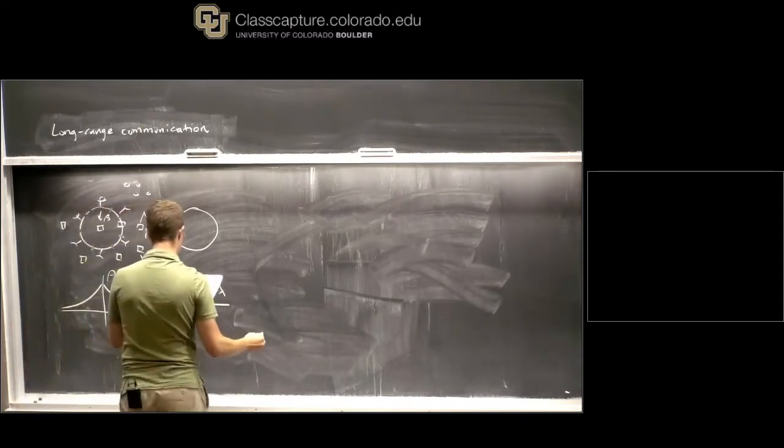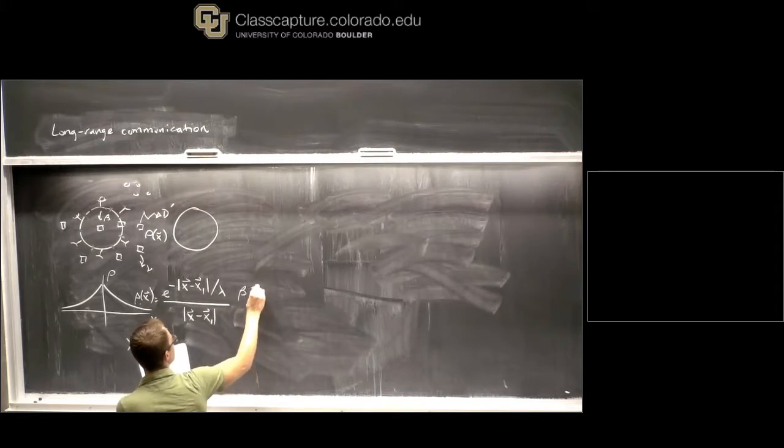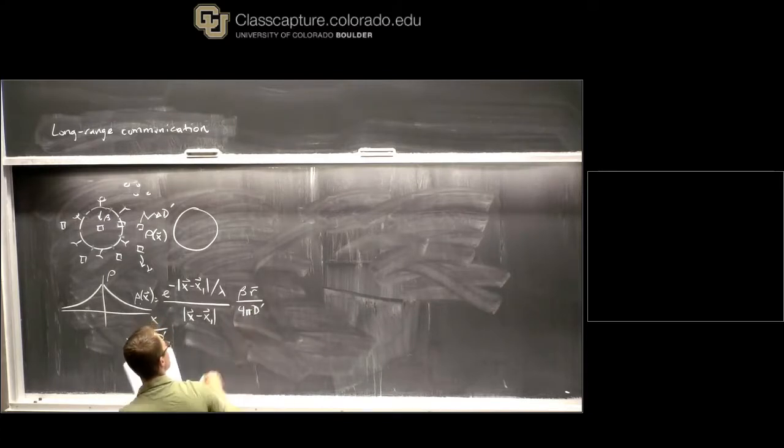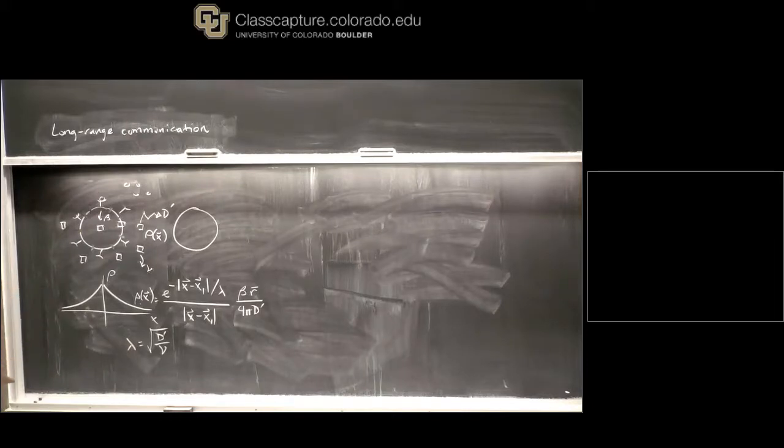And the prefactor is proportional to beta, because the more you secrete, the higher this is. More specifically, beta r bar, if these are coming from only bound receptors. And then we have a 4 pi and another D prime. Diffusion should also dilute the strength of this signal.